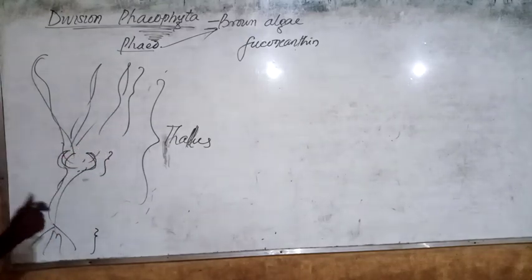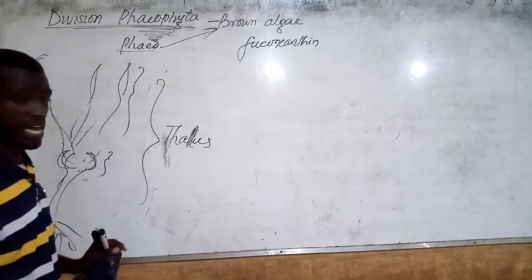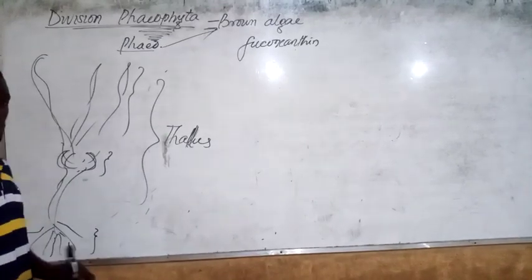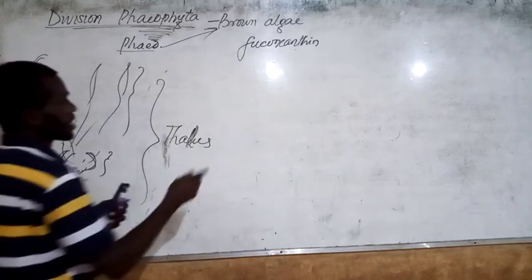So you see that this portion looks like a root that it uses to attach to a substrate. Now, that is for those of them that are actually attached to a substrate, because some of them are free floating, such as the sargassum.